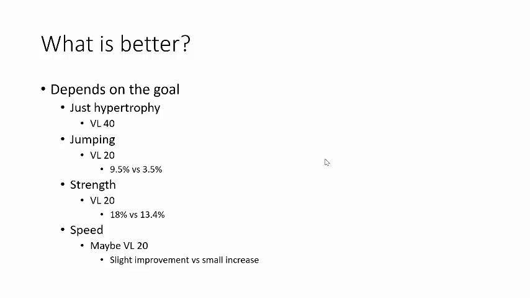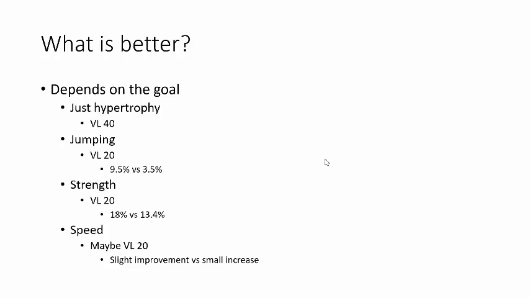Now, the question always is, hey, what's better? Asking what's better is a loaded question, because the answer always is that it depends on the goal. If your goal is physique, you're looking at bodybuilding and just trying to put on mass, then of course just the hypertrophy is better. But what if your goal is jumping?